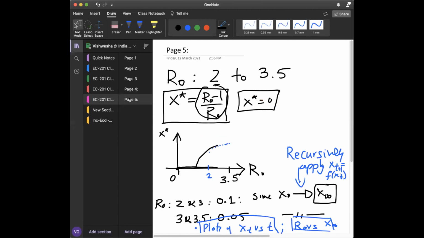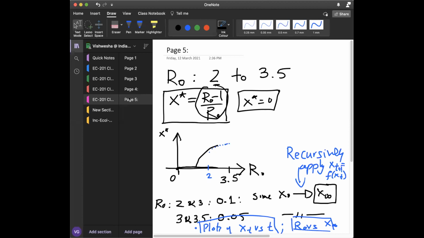And do this for the different values of R0. For each value of R0, you will have a value of X infinity, where you think it's not going to change anymore. And then also plot the same thing on the same graph.